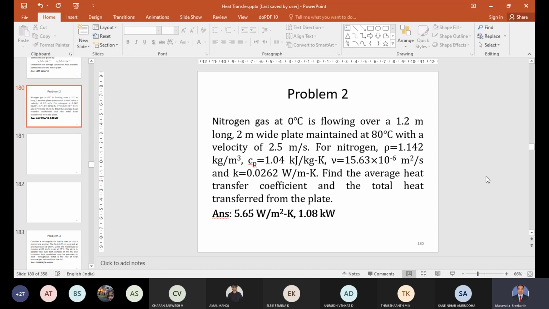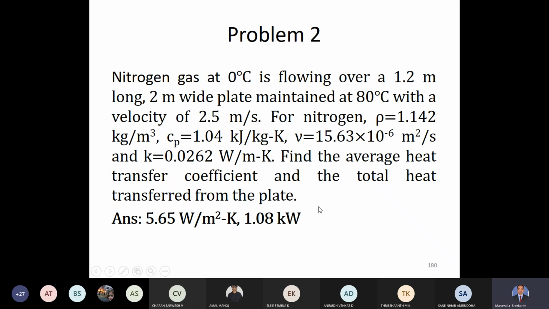So this is one of the simplest types of problems that are possible to solve in forced convection, especially over flat plates. So we have a flat plate maintained at a constant temperature of 80 degrees Celsius, and there is a fluid, which is nitrogen, flowing.